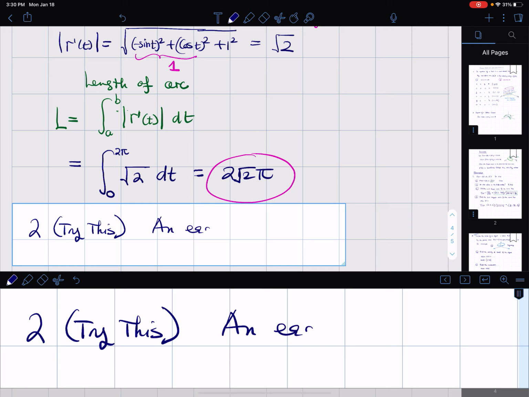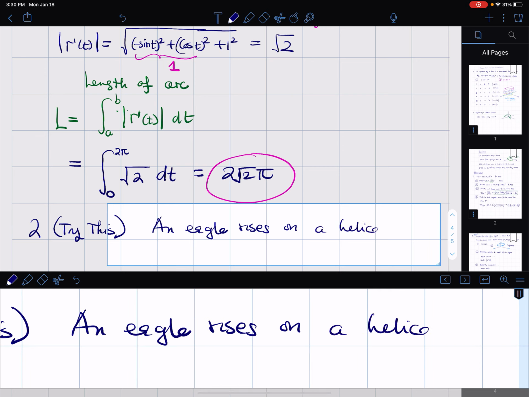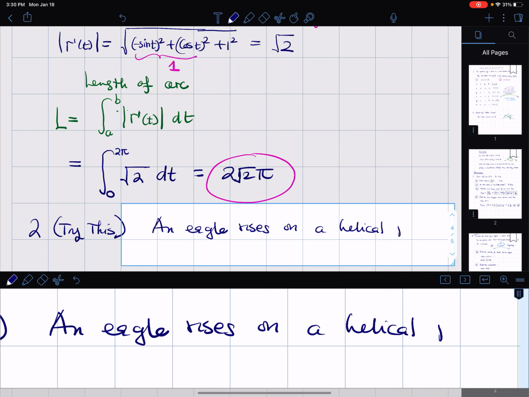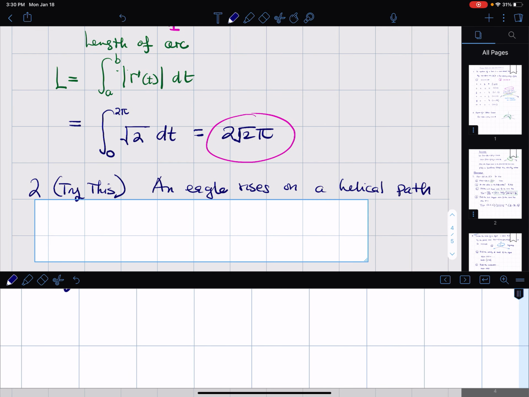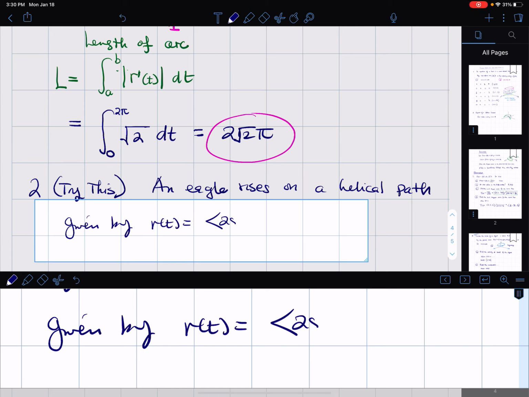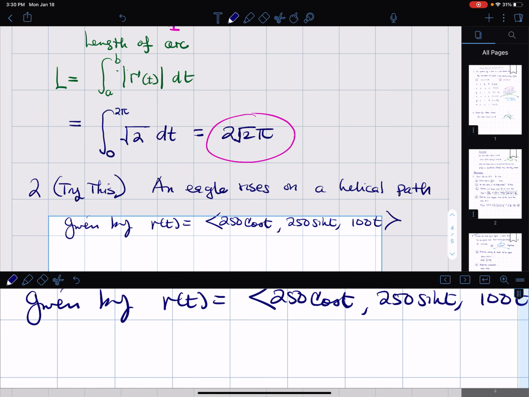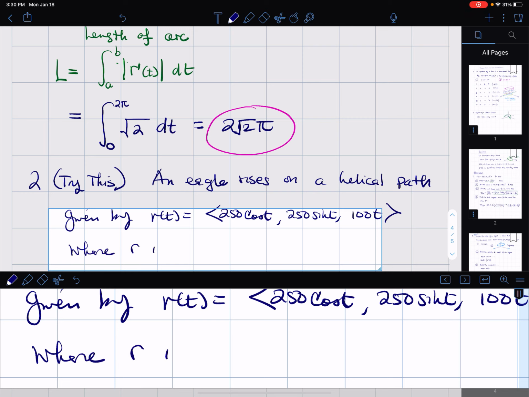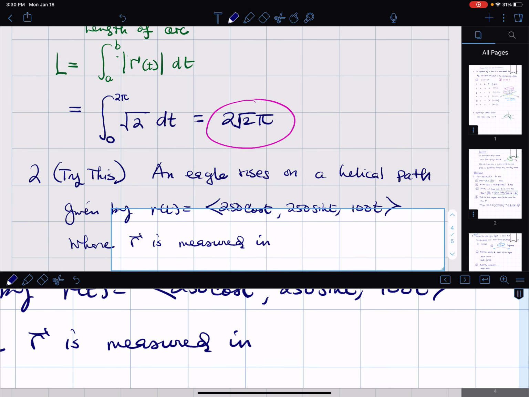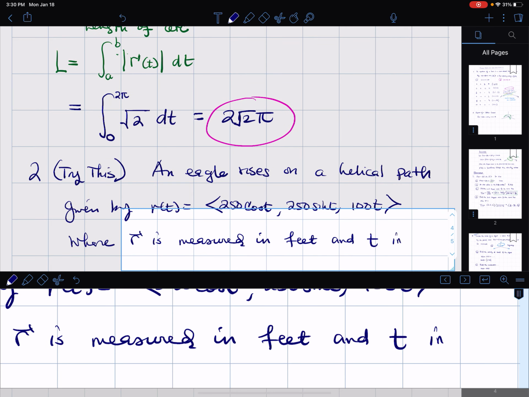It says an eagle rises on a helical path, so the path is like a helix given by r of t equals 250 cosine t, 250 sine t, and 100 t, where r is measured in feet and t in minutes.